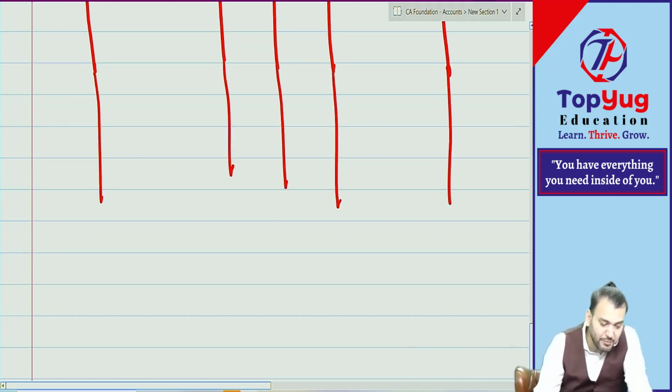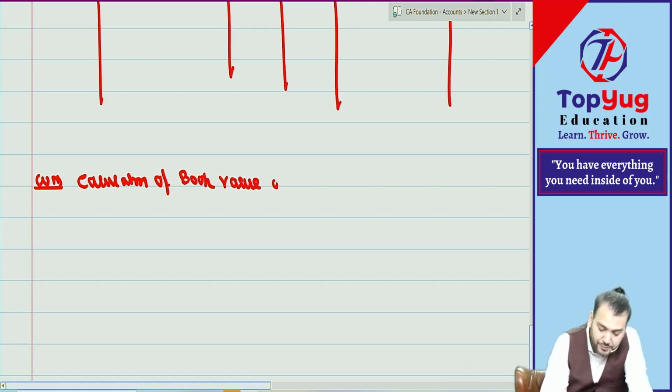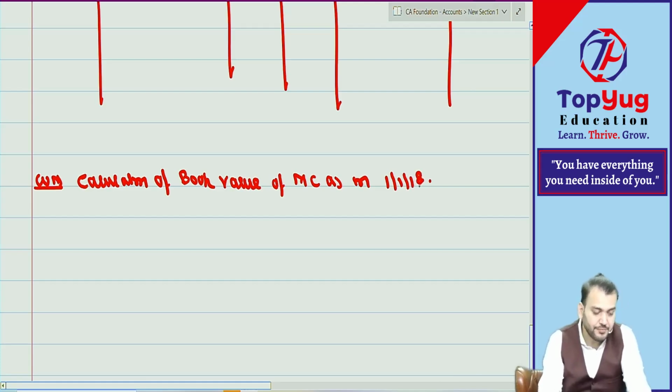It means when it was purchased, to find out, write down working note. Calculation of book value of motor car as on 1/1/2018. Correct? It was purchased, original cost.